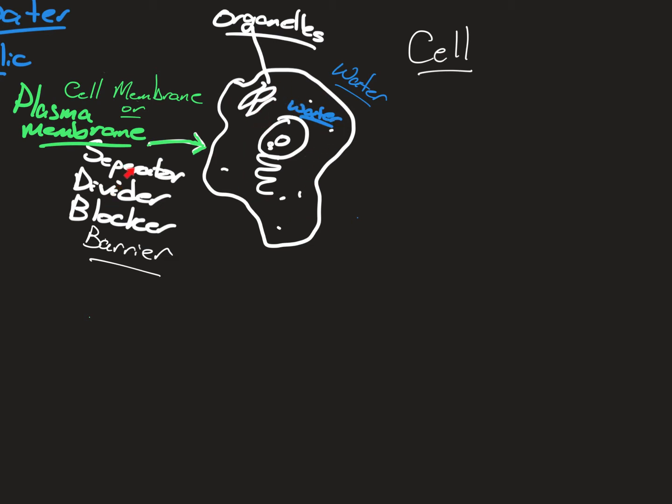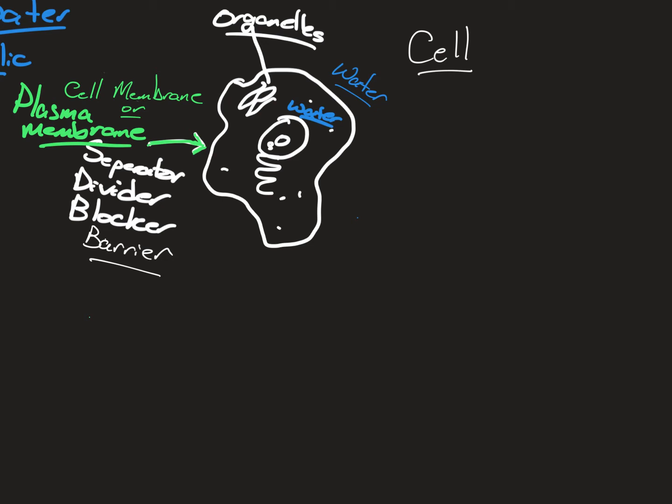So what is this separating? Very basically. From other cells, but if it's a single-celled organism, it's just floating in a stream, what's it separating? You're going to kick yourselves when I say this, but I'm going to go ahead and say it. No, that's a good answer. It's separating the water.